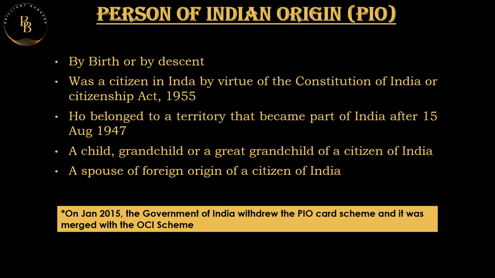How is he a citizen of India? As per the Constitution of India or the Citizenship Act, or he belongs to the territory. So these conditions apply for a citizen of India. Or he or she was a child, a grandchild, or a great grandchild of the citizen, or a spouse of foreign origin of the citizen of India.